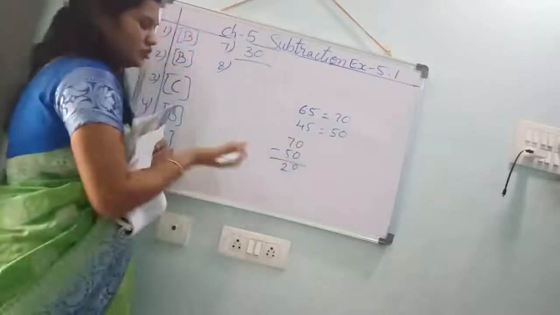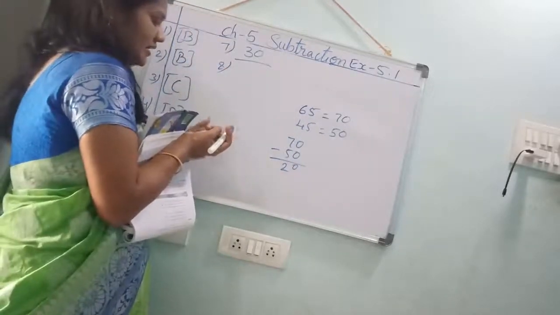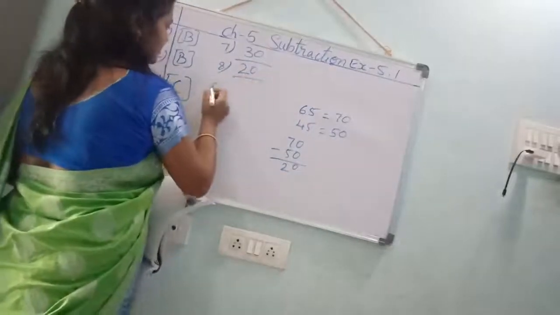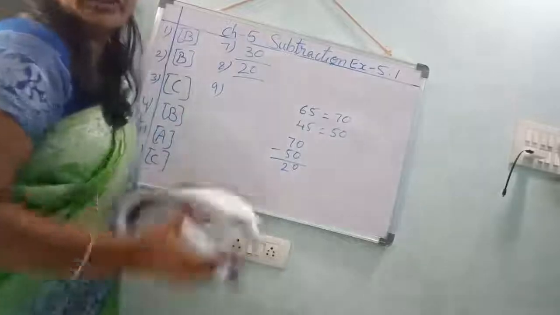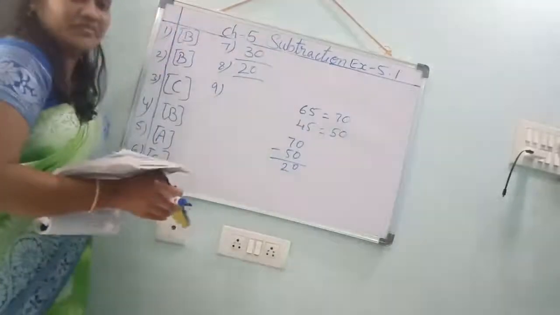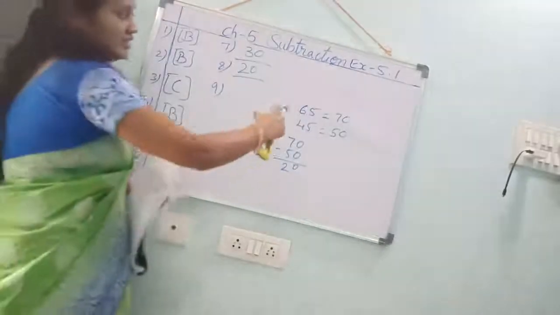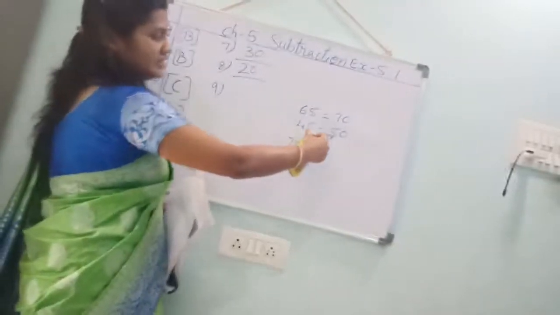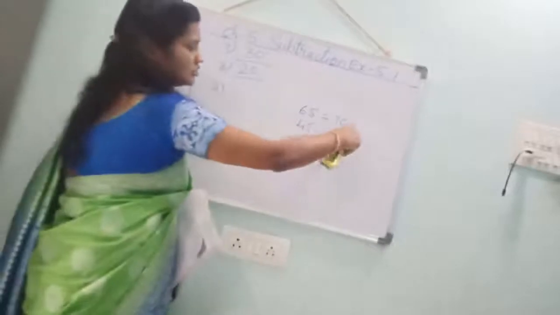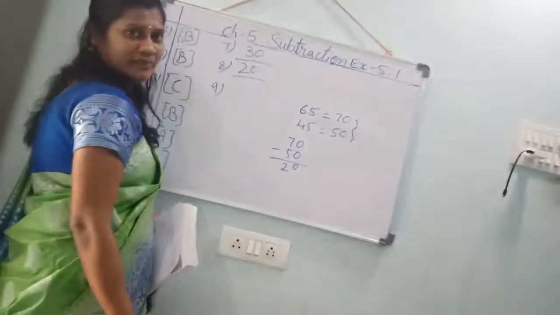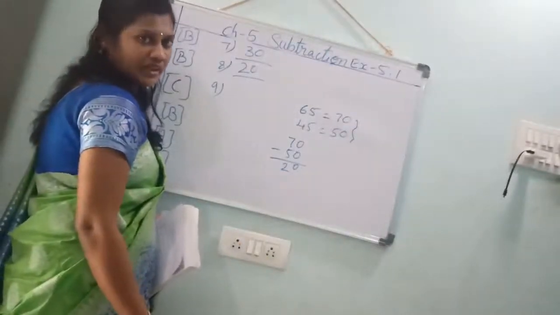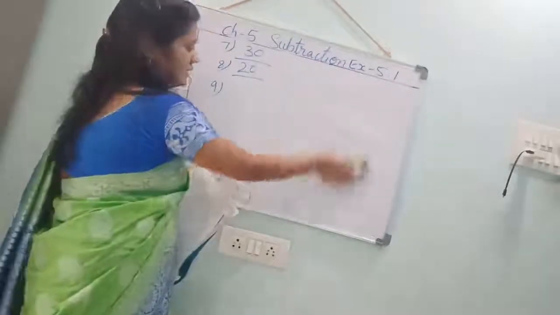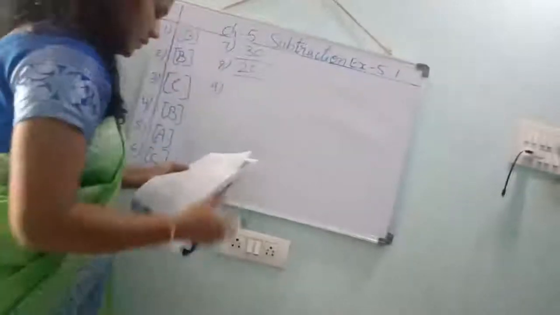In the 7, you should minus 5. So, what is that? 2. 20 is the answer. Understood, children, what I am saying? You should estimate the numbers first. After that, see, 65 nearest, then 70. 45 nearest, 50. You should minus these two numbers. 70 minus 50. Understood? We will get answer 20. That answer you should write in the blank.